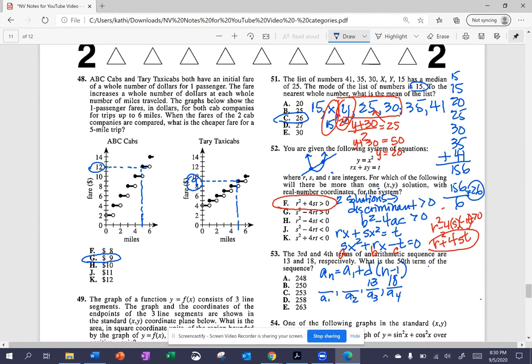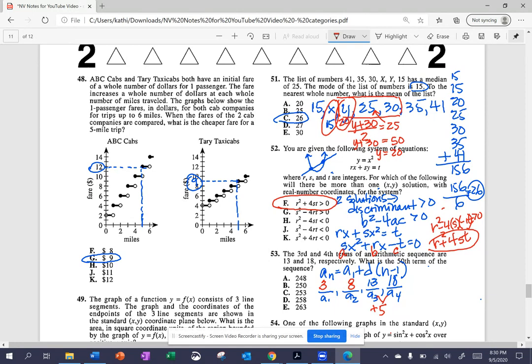So I know that my common difference is 5. So to go from here to here, this was plus 5. So to go backwards, I'm going to subtract 5. So I know my second term is 8, and subtracting 5 more, I know my first term is 3.